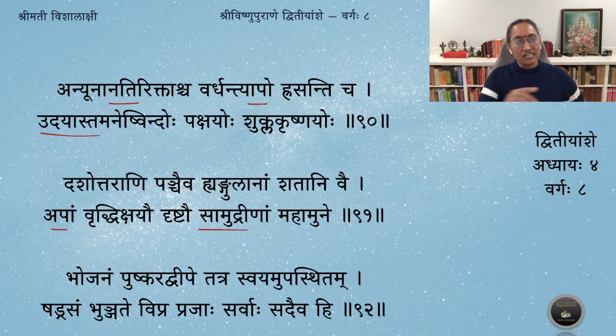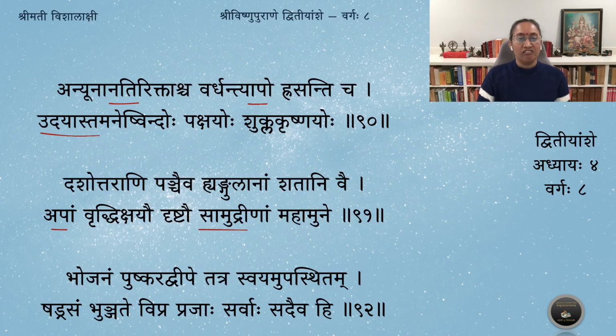So apam iti shashti bahuvachanam atra. Samudri ityukte samudrasya, samudre bhavaha athava samudrasya iyam samudri. So you take it as an adjective to jalam. The waters of the ocean that belong to the ocean.